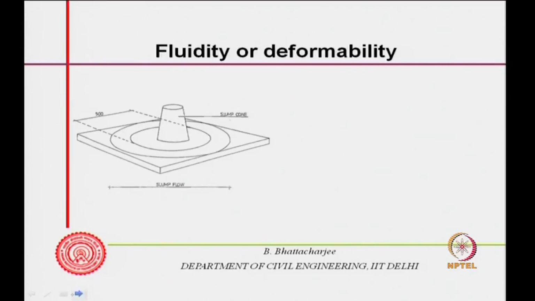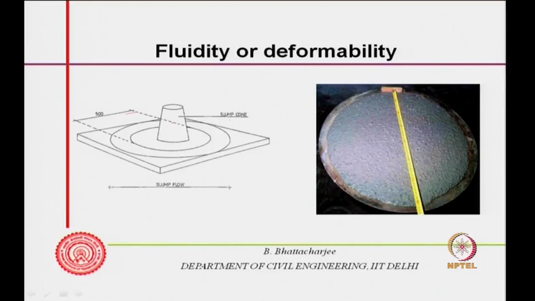This is your slump cone, and these are the markings. This is about 500 and then you fill it in the standard manner, and as you fill it in, lift it up, it should get spread like this. Measure this spread.